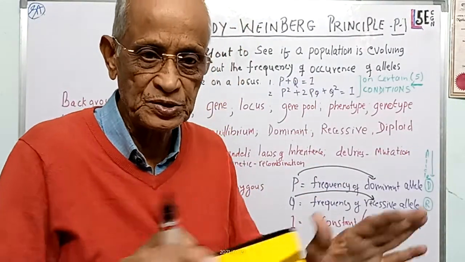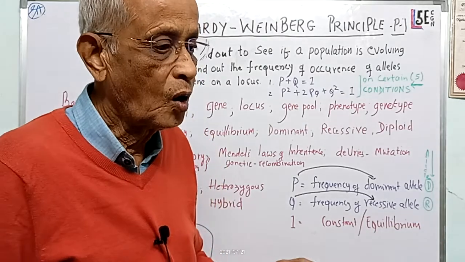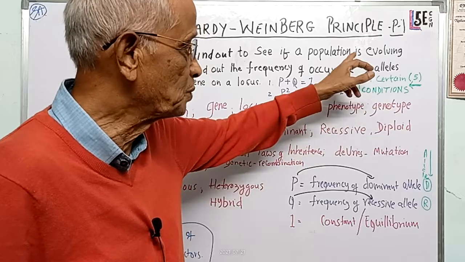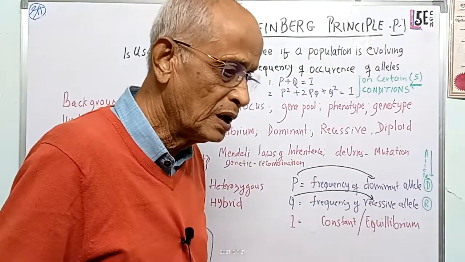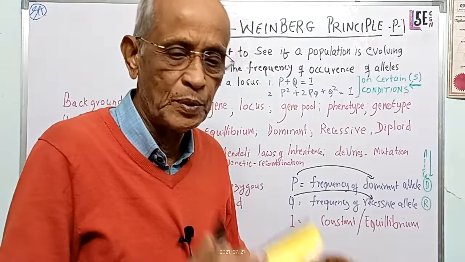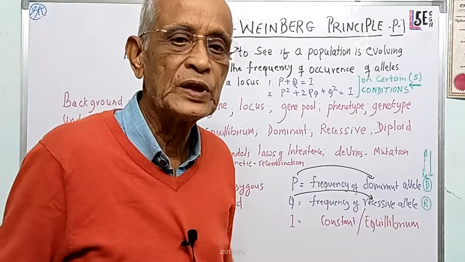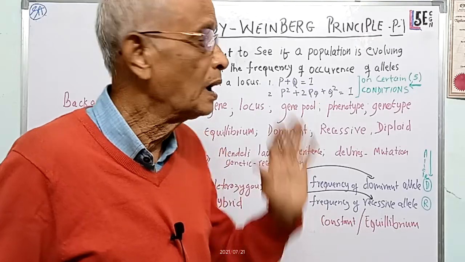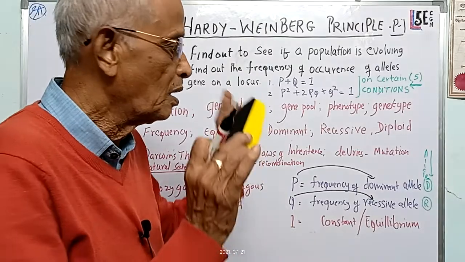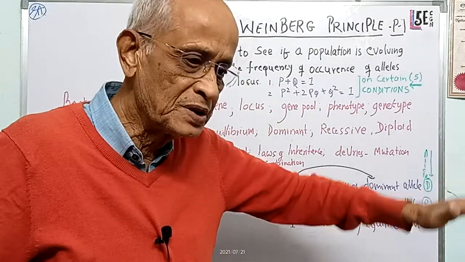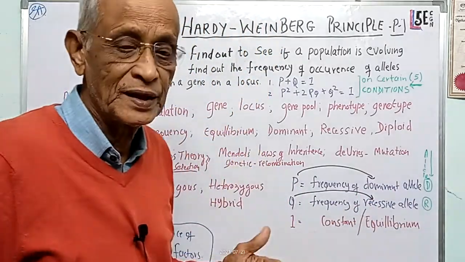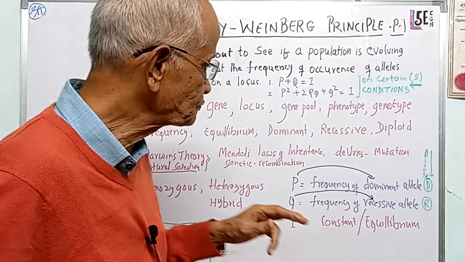One refers to a constant, which will be constant only when certain conditions that these people assumed and suggested are met. If a population meets the assumptions made by Hardy and Weinberg, then the alleles will be constant from generation to generation. We will explain that a little more in detail.